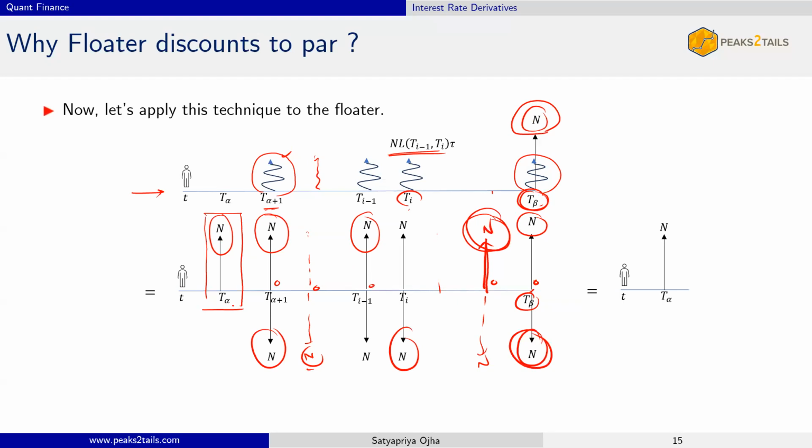So the whole thing reduces to a very simple diagram, this one. Okay. And you're standing here. The first reset date is T alpha. The entire floater discounts to N, or the present value is N at the first reset date.